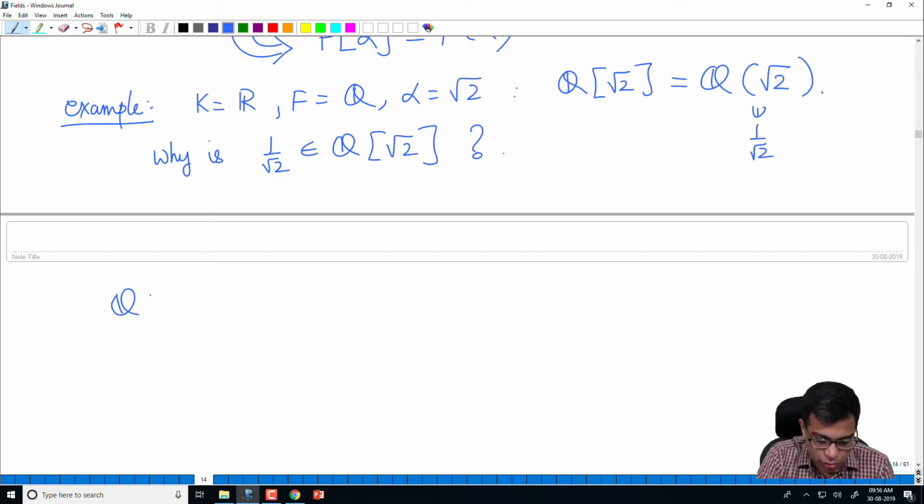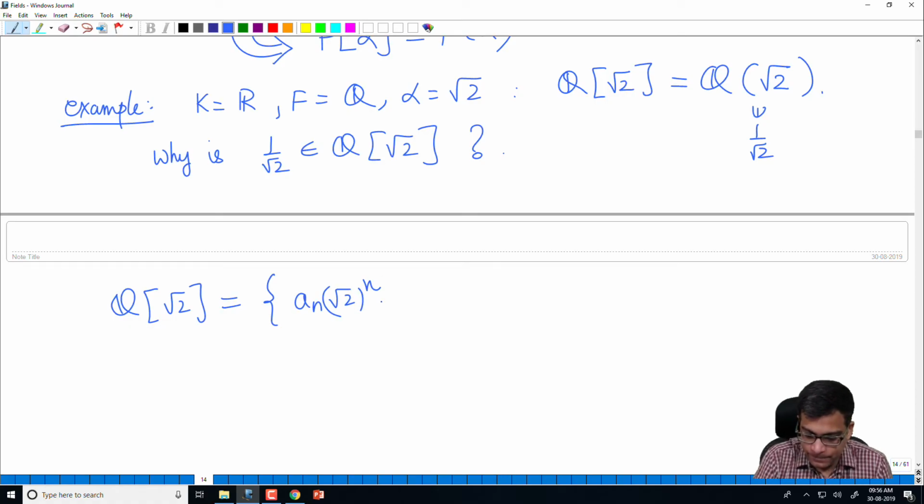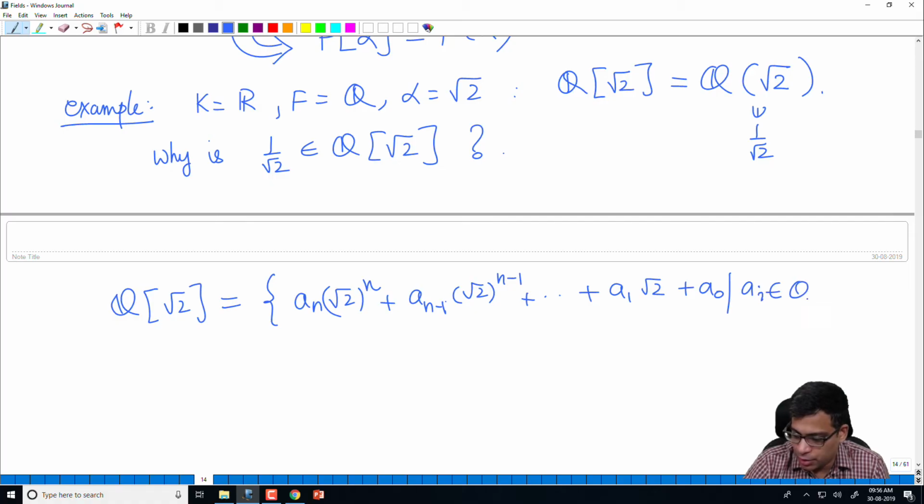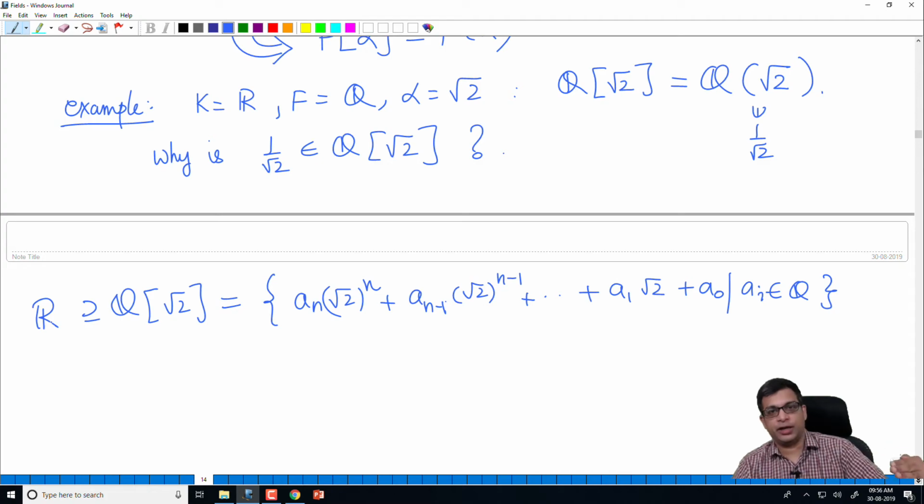So what is Q[root 2]? It's a good time to recall what square bracket root 2 is. These are polynomials like this: a_n root 2 to the n, and so on, down to a_1 root 2, a_0, and what are the a_i's? The a_i's are in Q. And remember, this is of course sitting inside R. We have to keep emphasizing, we have a bigger field under which all this stuff is happening and a smaller field above which all this stuff is happening.